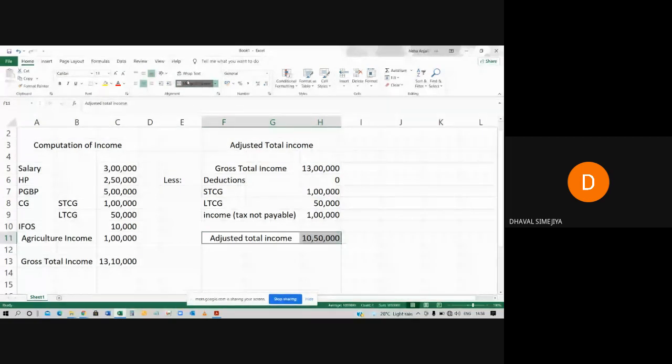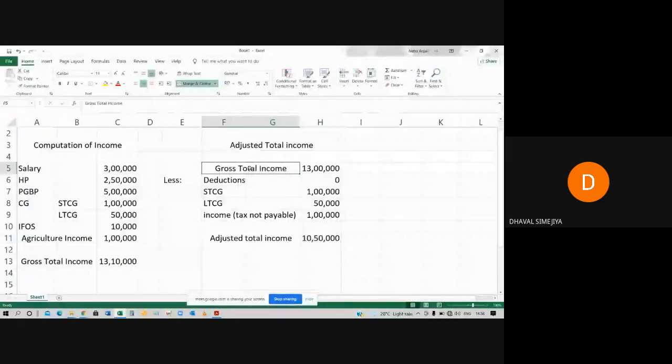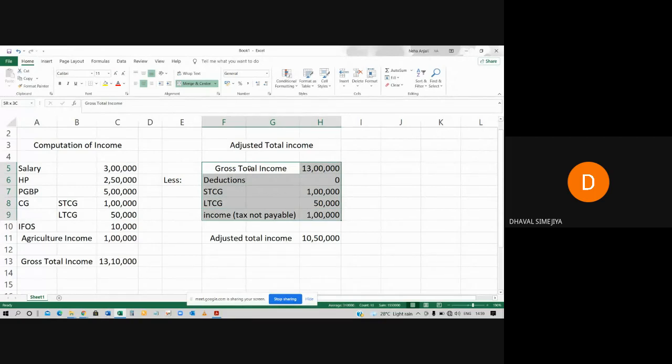So repeat one more time. Look, here we are supposed to find out the qualifying limit. For the purpose of qualifying limit, we have to first find out the adjusted total income. Adjusted total income means gross total income minus deductions other than 80G, short-term capital gain, long-term capital gain, income on which tax not payable.